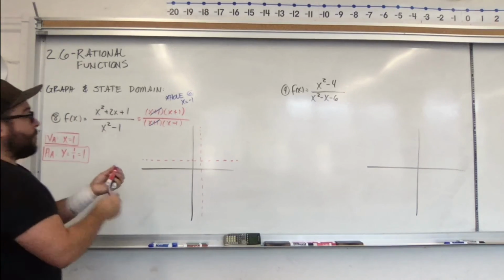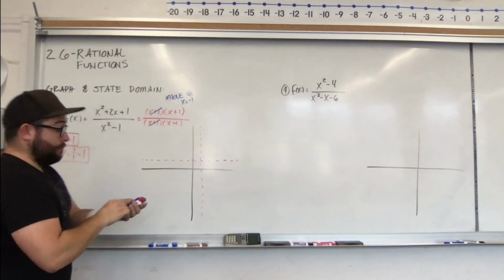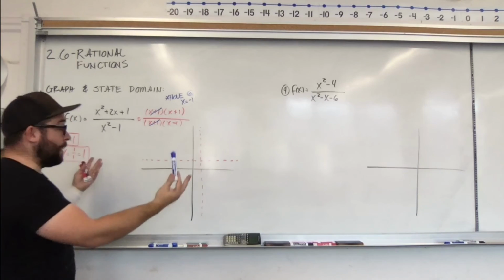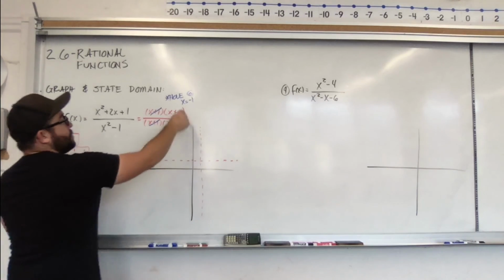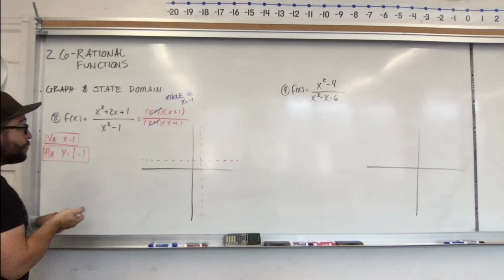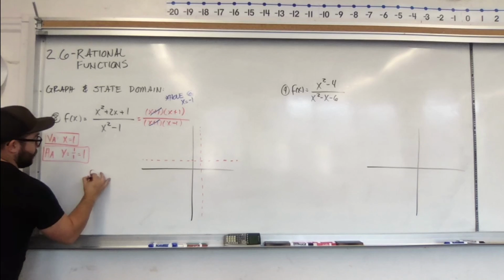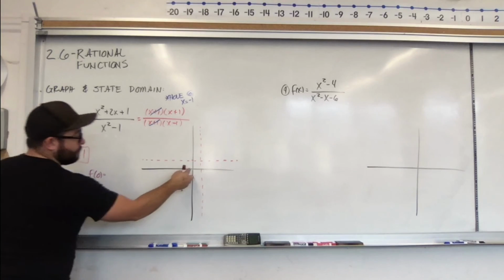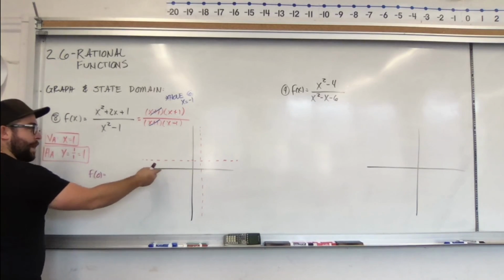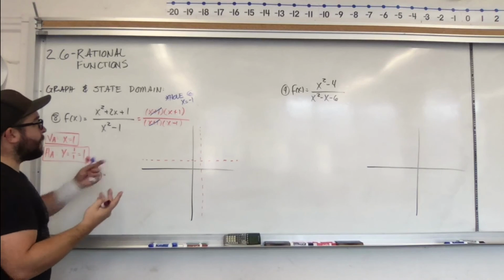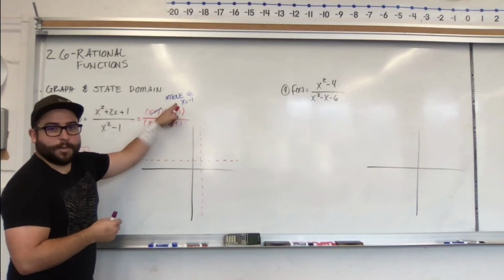Now, I don't know where yet to put this hole, because I don't know where that graph's going to end up. So before I even apply this, what do we want to do? We want to test some points to the left and to the right. So I'm going to test f of 0. I'm not going to test f of negative 1. Well, why? Because I already know there's going to be an issue there.